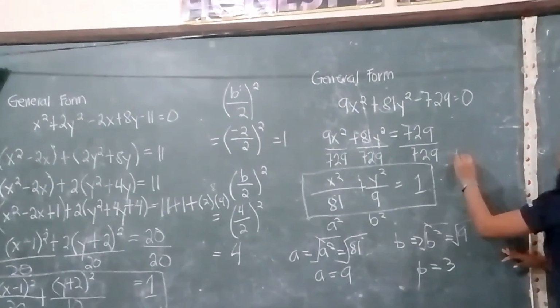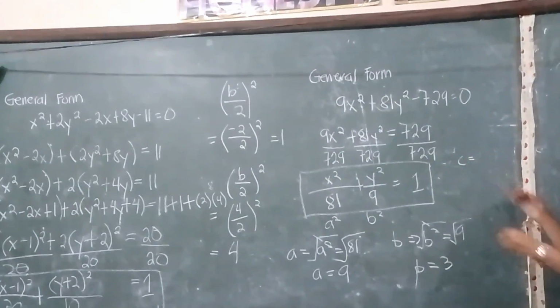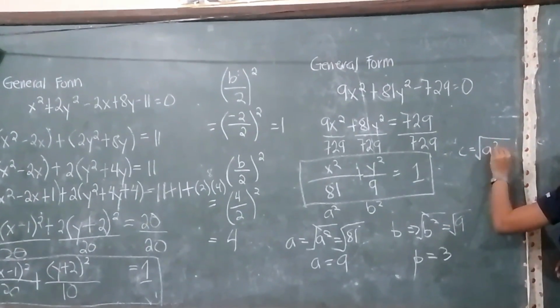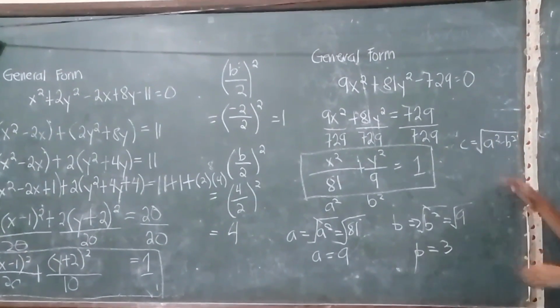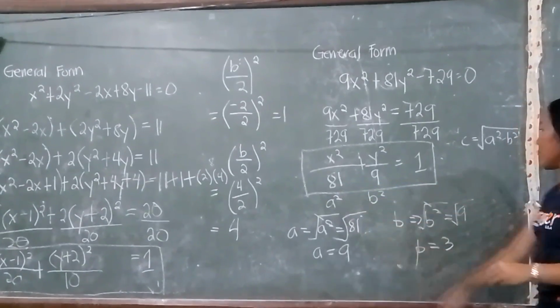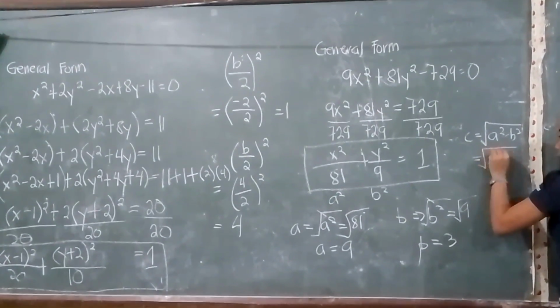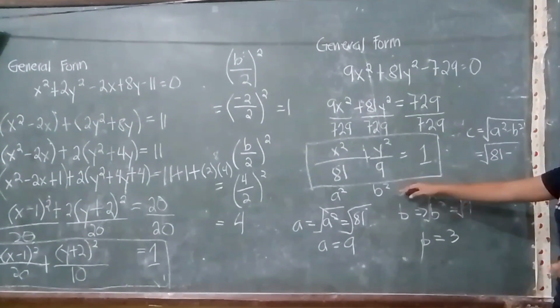And for our c, we have a squared minus b squared. Our a squared is 81, so we have 81 minus 9.